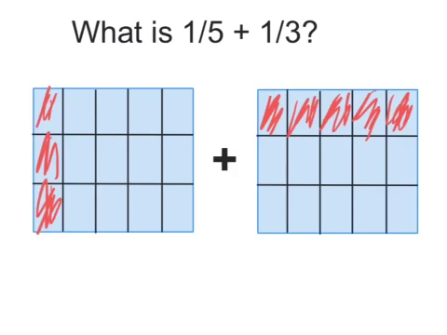Now if I add those together, what do I have? Well, I have 1, 2, 3, 4, 5, 6, 7, 8. But 8 what? If you count how many boxes are in this big box, you'll find that there are 5, 10, 15. Or if you count this way, you'd see 3, 6, 9, 12, 15. So I have 8/15 as my answer. 8/15 is the answer to 1/5 plus 1/3.